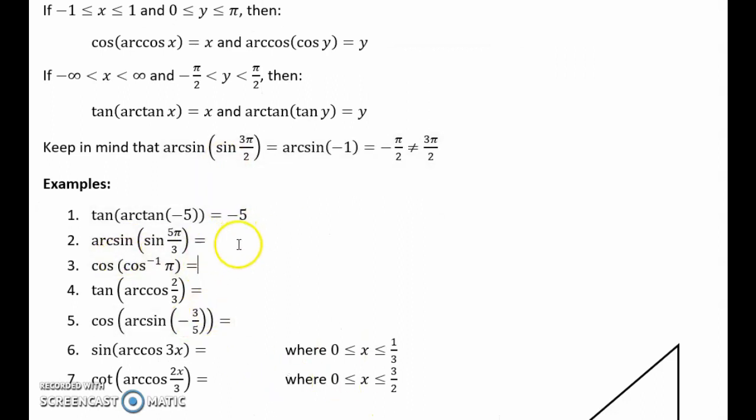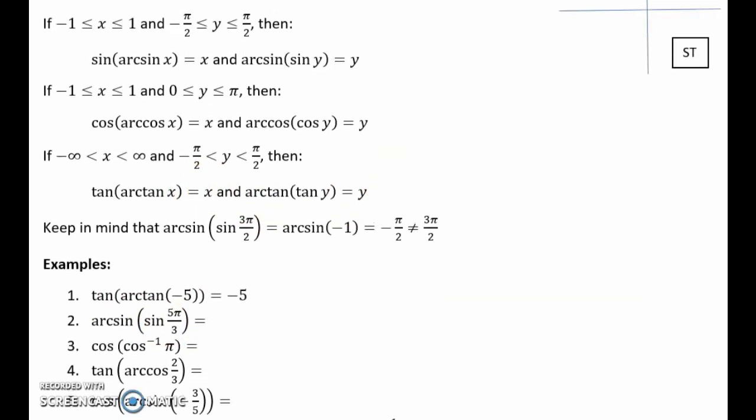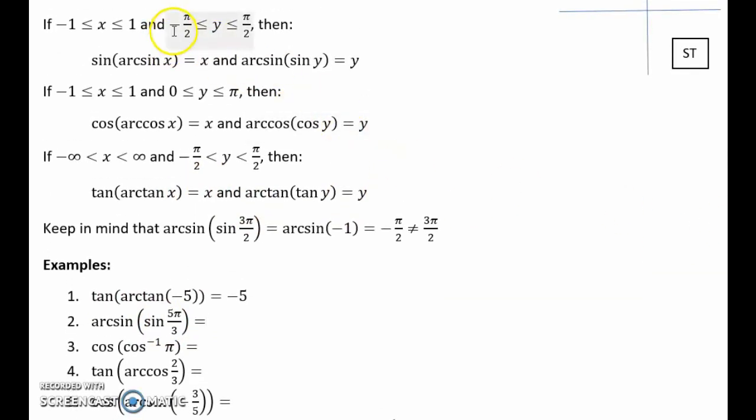Remember, this is arc sine, so we have to have an answer between -pi halves and pi halves. So instead of 5 pi thirds, what is an angle that is the exact same as that, but it's within that window? Well, this is our coterminal.